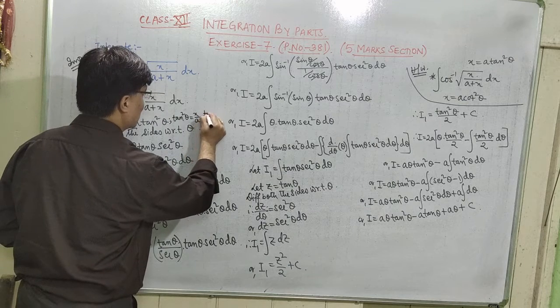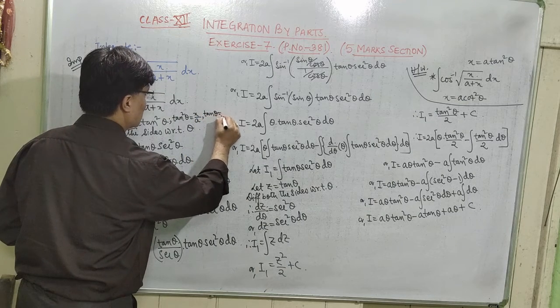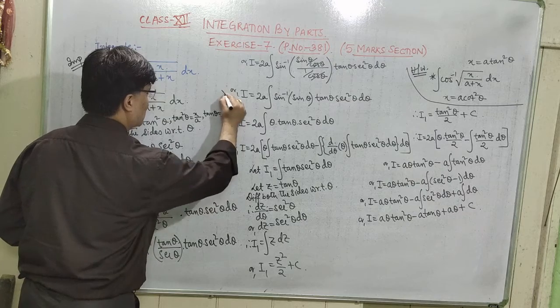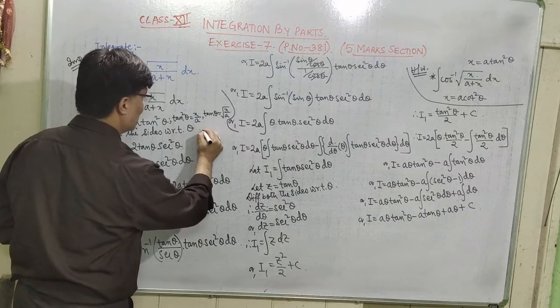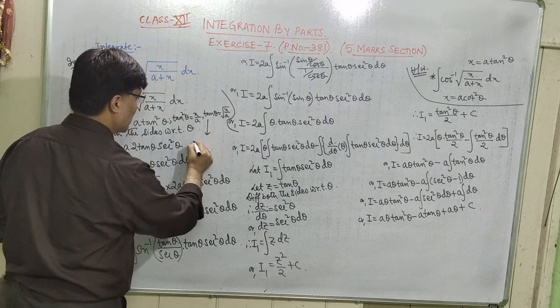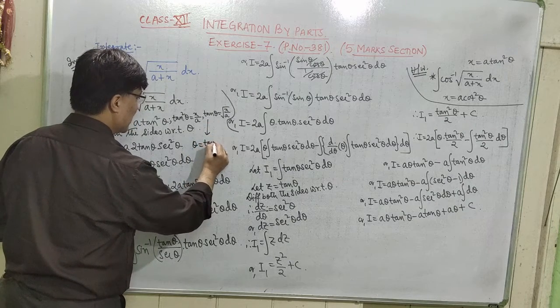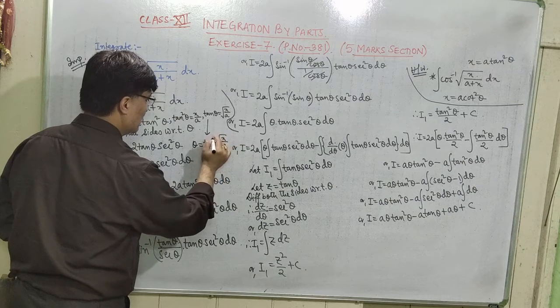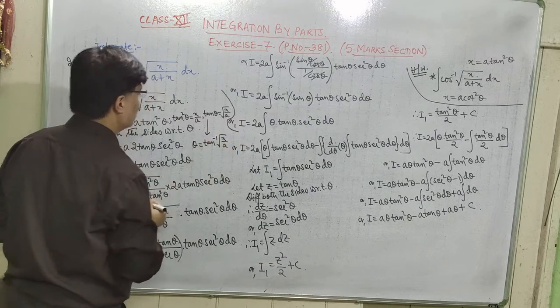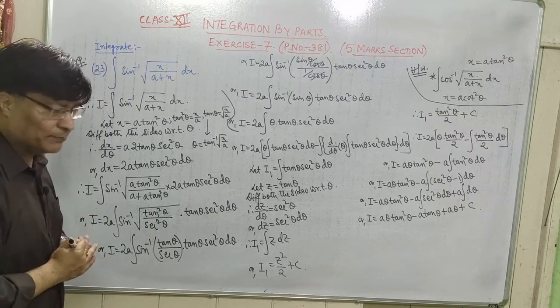Next, what is tan theta? So tan theta is equal to root over x by a, right? From here, what is the value for theta? That is tan inverse root over x upon a.